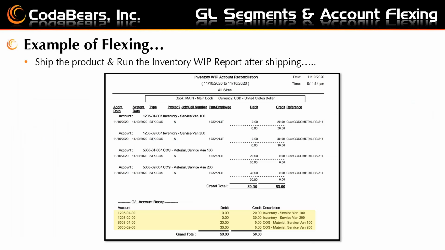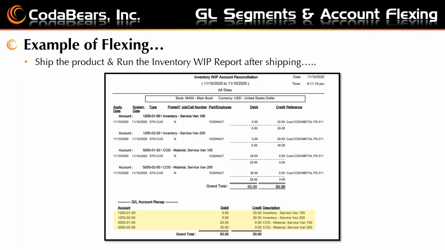So now when we process that shipping transaction and we look at our inventory WIP report, at the bottom we see that we have the 01 and the 02 coming out of inventory and going to cost of sales. So that's part of the poor man's multi-company, where we can use the division segment to identify different locations.